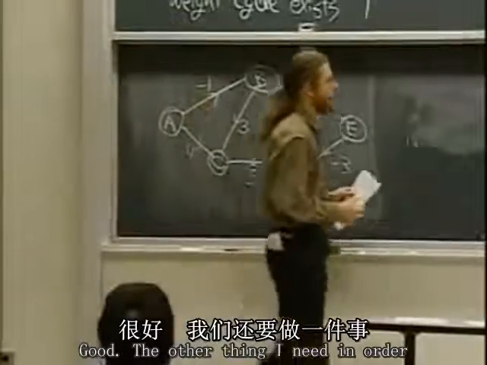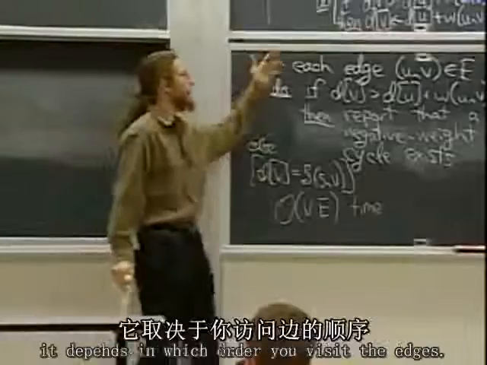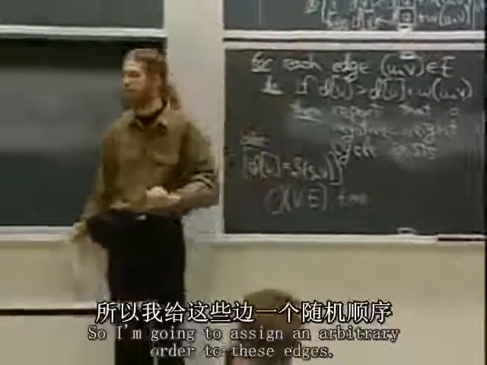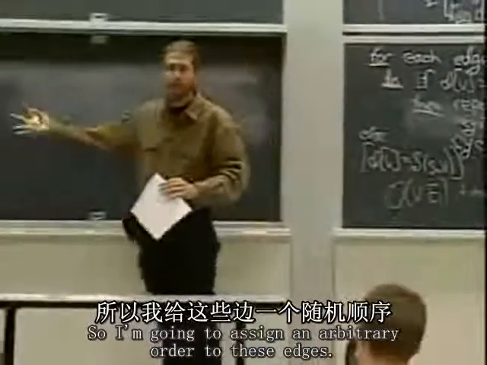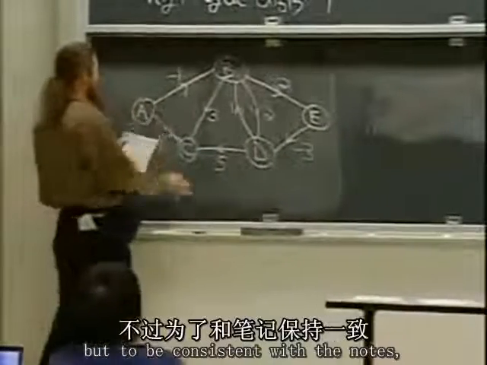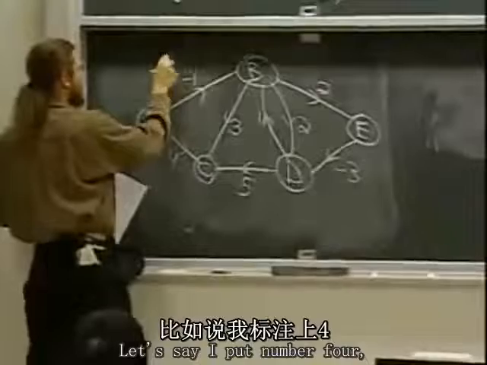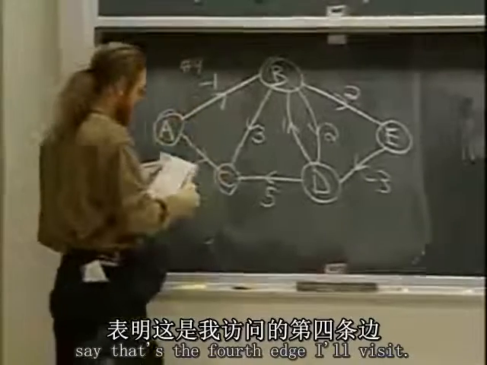The other thing I need in order to make the output of this algorithm well-defined is that it depends on which order you visit the edges. So I'm going to assign an arbitrary order to these edges. I could just ask you for an order, but to be consistent with the notes, I'll put an ordering on it. Let's say I put number 4 to say that's the 4th edge I'll visit.